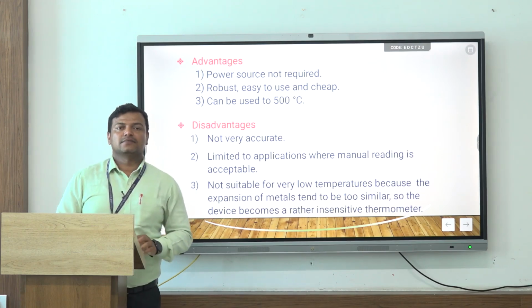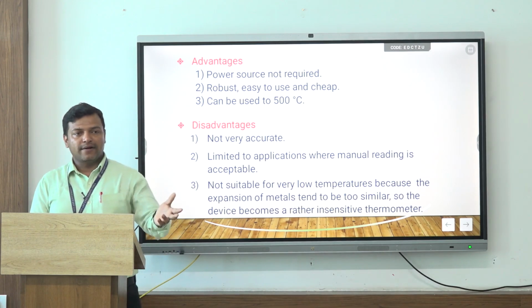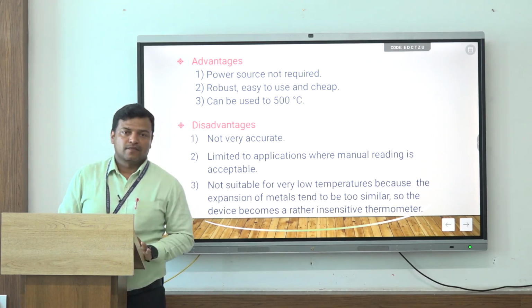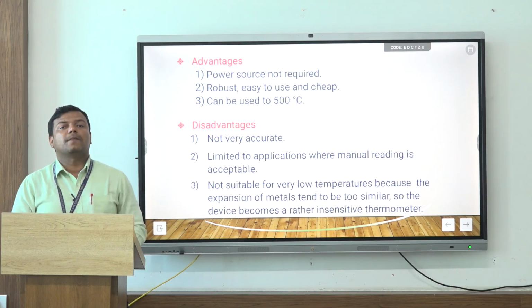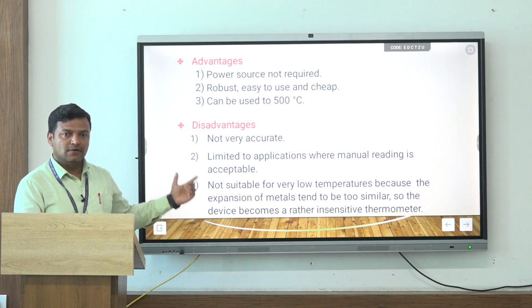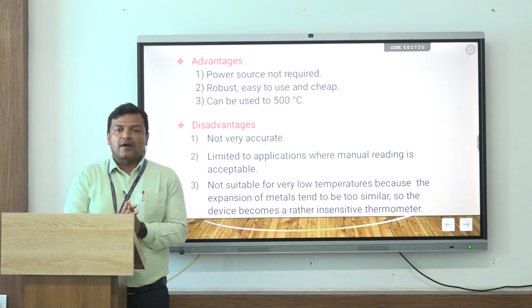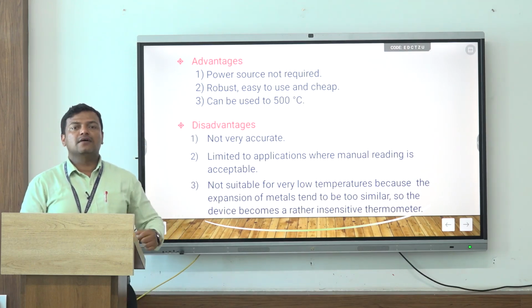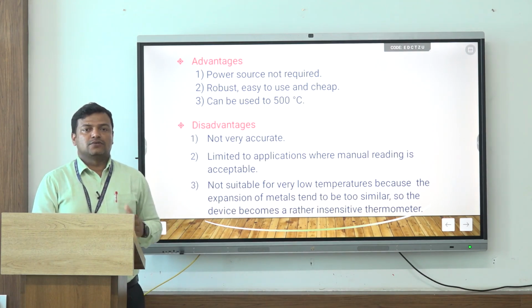The thing is that if you want to measure the temperature at a particular point which is very low, the expansion of those metals requires a little more temperature. At that point you cannot use this type of thermometer. So these are the various thermometers used for measuring the temperature for a particular process. Thank you.